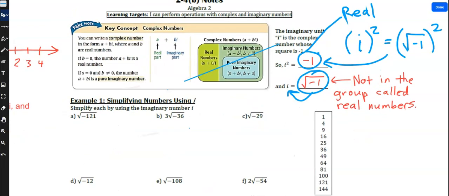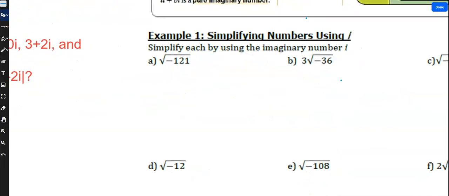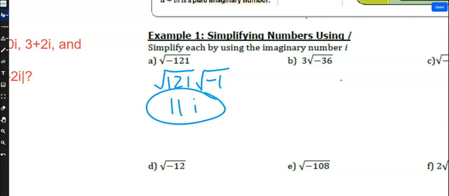So we can simplify. I'll come back to some of the other things that are on screen. We can simplify this a little bit. For instance, that's the square root of 121 and the square root of -1. Well, that's 11i.